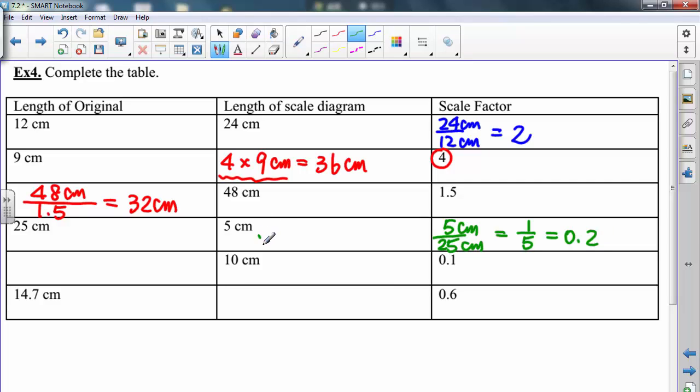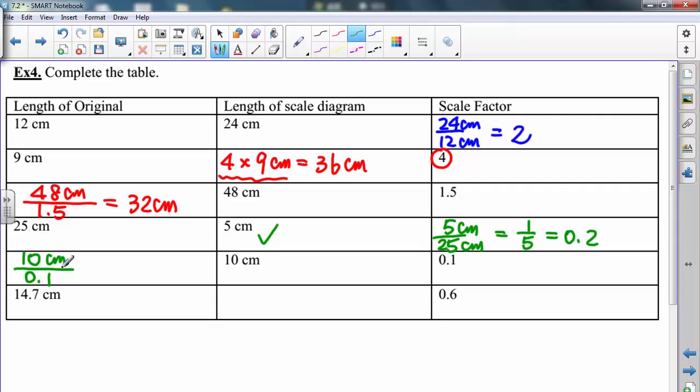So this is the reason why the length of the scale diagram is shorter than the length of the original one. Right now I have the length of scale diagram, which is 10 centimeters, and the scale factor is 0.1. So 0.1 suggests that the scale diagram is a reduction of the original diagram. If I want to find the length of original one, I use the scale diagram length divided by the scale factor.